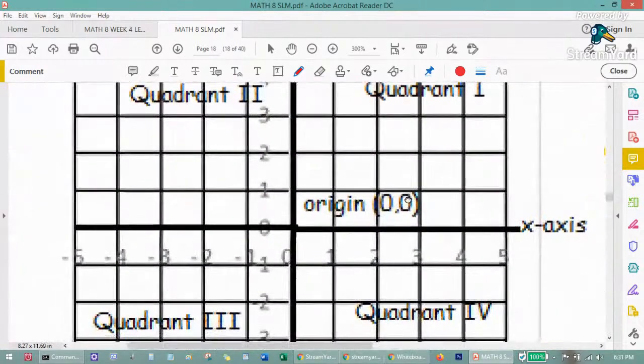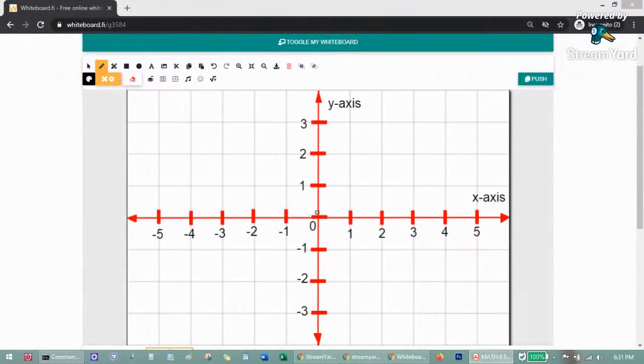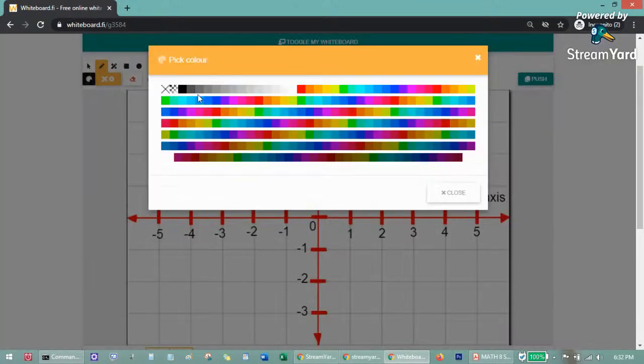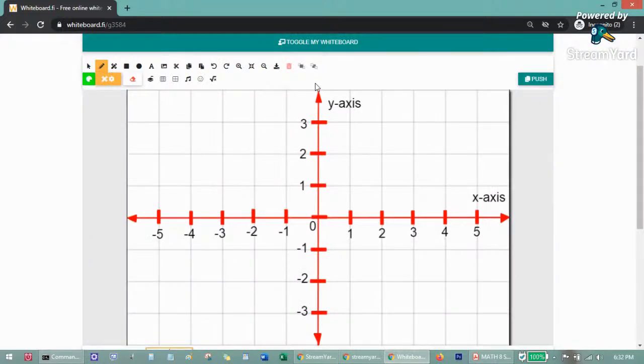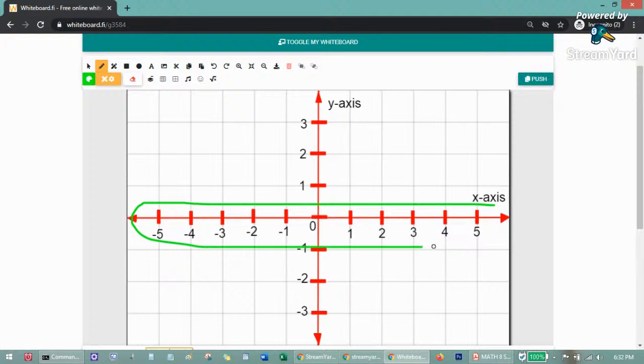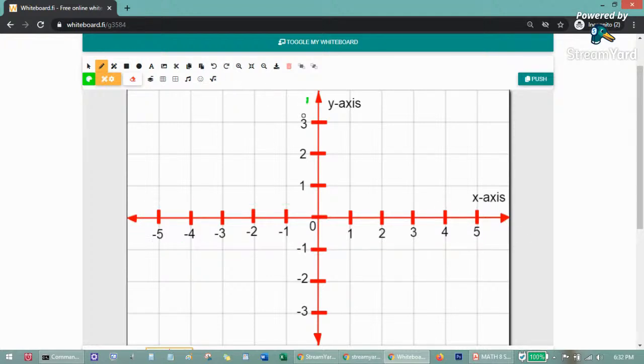So, tingnan natin 'tong graph natin. Okay. So, this is our x-axis and this is our y-axis. So, yung intersection, pag sinabing intersection, kung saan nagkita yung dalawang linya.